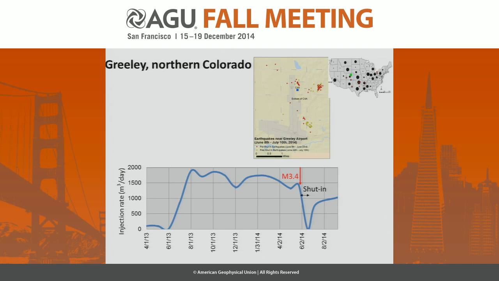So the third example that I want to quickly mention is Greeley, northern Colorado. On May 31st this year, there was a 3.4 earthquake that just suddenly popped up. This is a map of northern Colorado, and this is the local map. The blue marks the high injection wells, those are the disposal wells, and these dots are the seismicity.